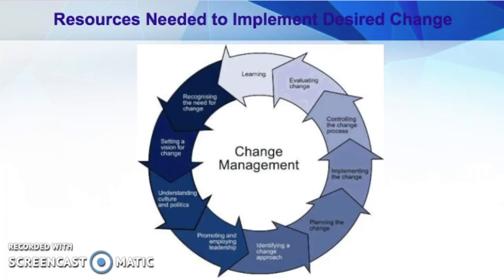There are resources needed to implement desired change: recognizing the need for change, setting a vision for change, understanding culture and policies, promoting and employing leadership, identifying a change approach, planning the change, implementing the change, confronting the change process, evaluating the change, and starting the learning process that will allow continual improvement.